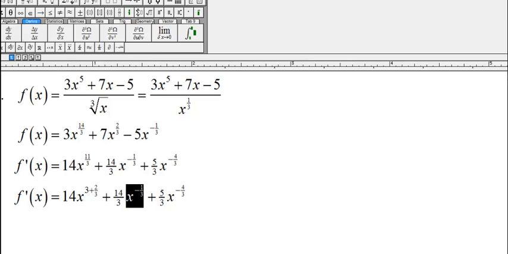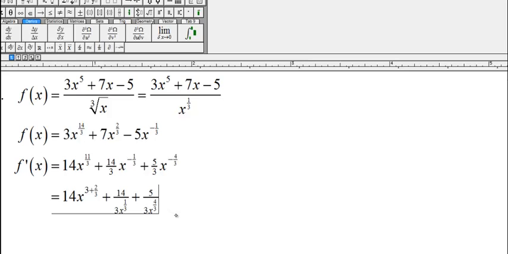Let me take this x to the negative 1/3, move it to the denominator, and make it x to the positive 1/3. Let me do the 3 and 2/3 maybe in the next step. And then we take this x to the negative 4/3. I want to move it to the denominator here and make it positive 4/3 for the power. Okay, maybe we'll leave it like that for a second.